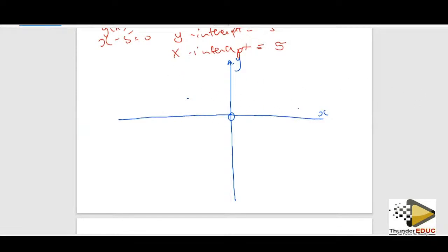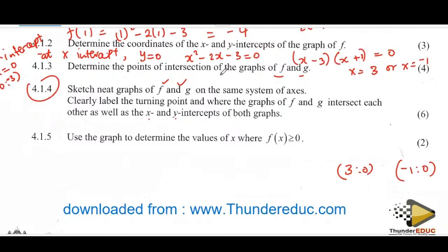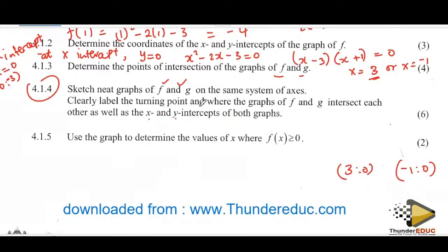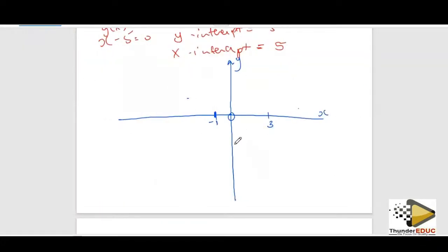So for the intercepts of the parabola, we say there's a 3 and negative 1. That's a 3, and I can put negative 1 somewhere there. It's logical enough. Then the y-intercept, we say this is a negative 3.